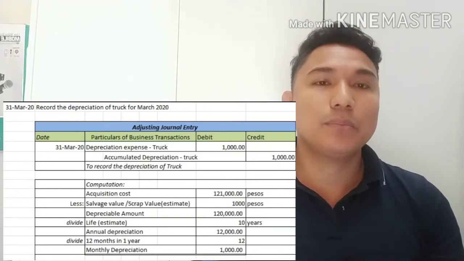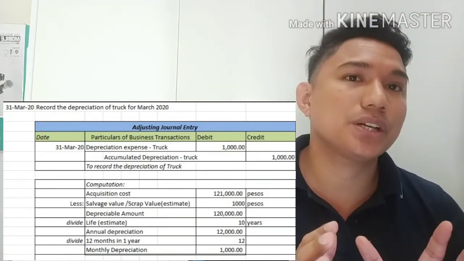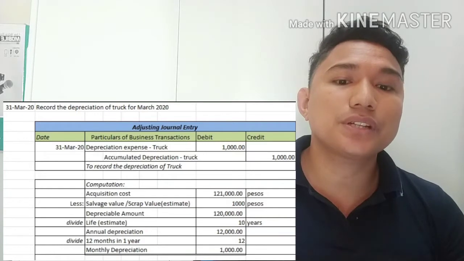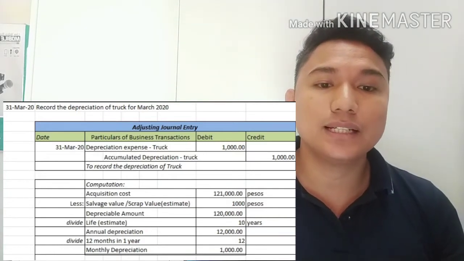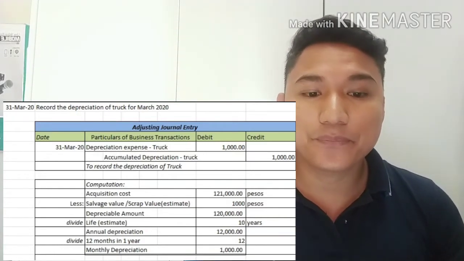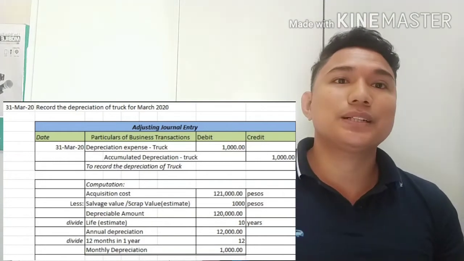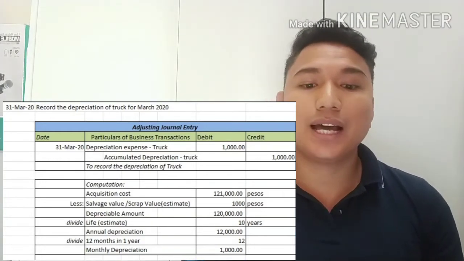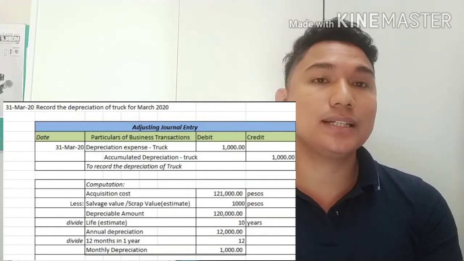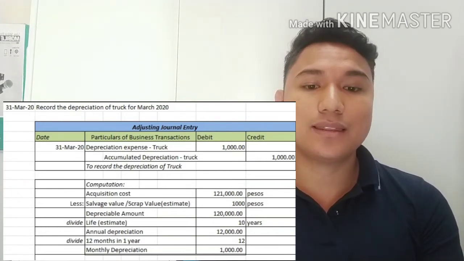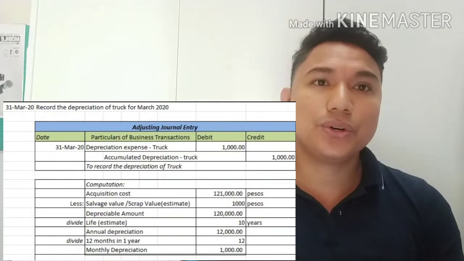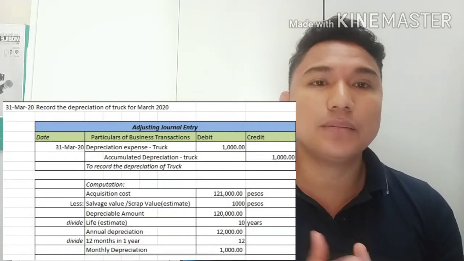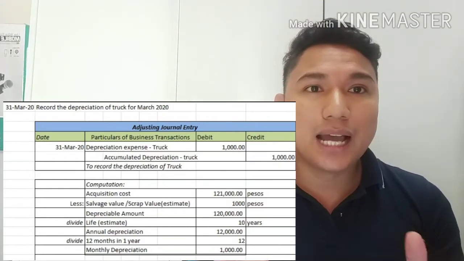120,000 divided by 10 is equal to 12,000. But we have to get the monthly depreciation. Since the annual depreciation of the truck is 12,000, we divide 12,000 by 12 because there are 12 months in 1 year. So the monthly depreciation of the truck is 1,000. There is also another concept in depreciation aside from allocation of cost.